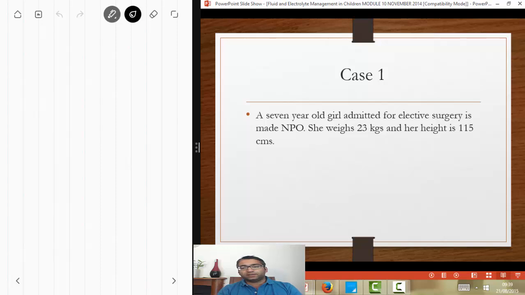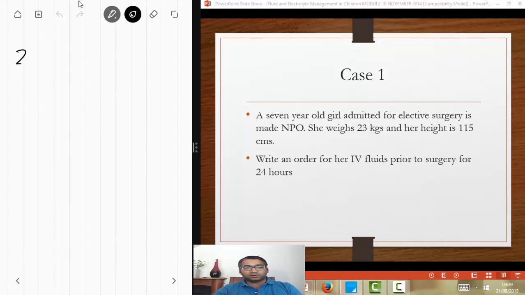So a 7-year-old girl is admitted for elective surgery and is kept nil orally. Her weight is 23 kilograms and height is 115 centimeters. Can you write an order for her IV fluids prior to surgery for 24 hours? As I said, the first thing you need to know is the weight. She's simply admitted for surgery, so she's just going nil by mouth, so she's not dehydrated.